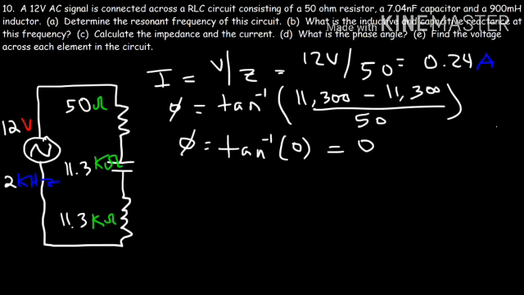Now what is the voltage across each element? So we have a current of 0.24 amps. Let's use that information to find the voltage across the resistor, the capacitor, and the inductor.